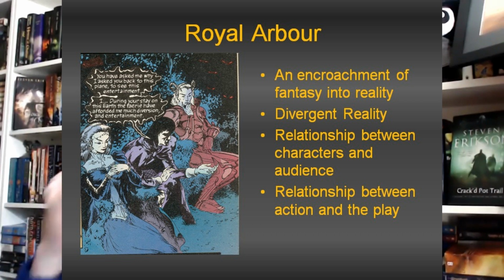Oberon and Titania are characters involved in lovers' schemes and plights in the play. And as we see in this particular issue of The Sandman, there is a very strong subtext that Oberon, Titania, and Dream are involved in lovers' schemes and plights.